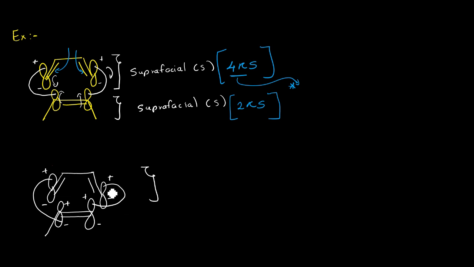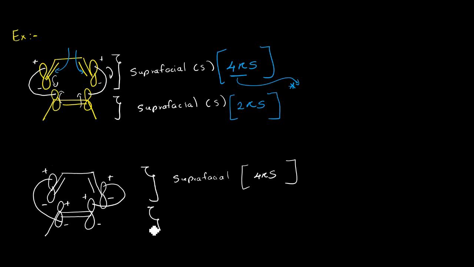Look at this. So it's going to be suprafacial. Now, if you want to mention the particular symbol for it, you have to see how many pi electrons are involved. So there are 4 pi electrons, and it's going to be S.